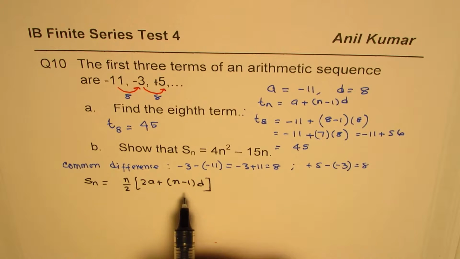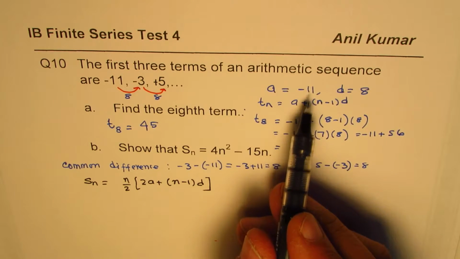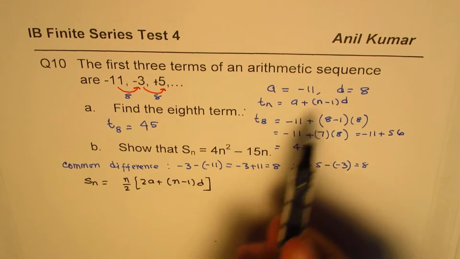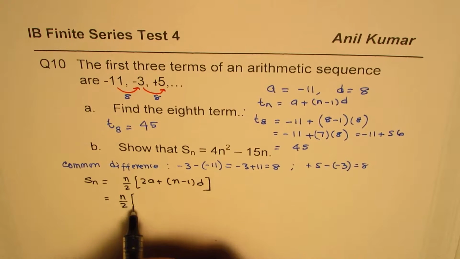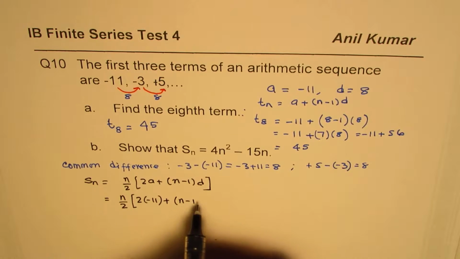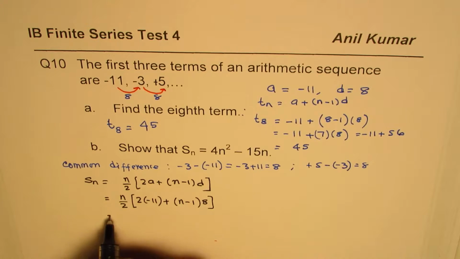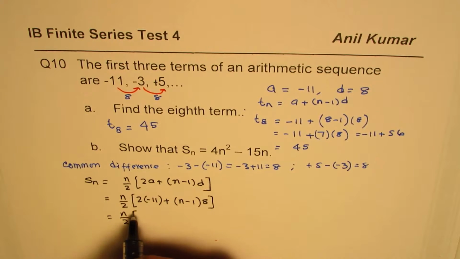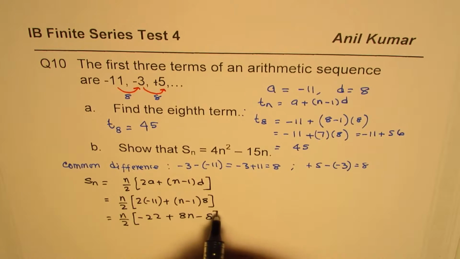Now in this particular case, we know all these values, we can just substitute them into the equation. a is minus 11, d is 8 for us. So what we get here is n over 2 times 2 times minus 11 plus n minus 1 times 8. So that gives us n over 2 times minus 22 plus 8n minus 8. Is it okay?